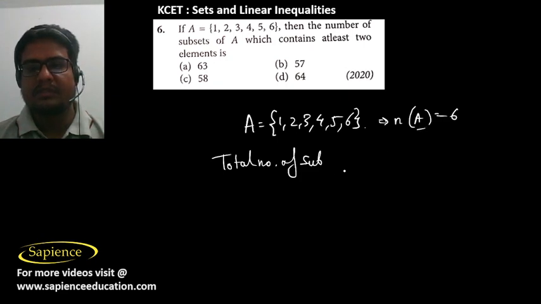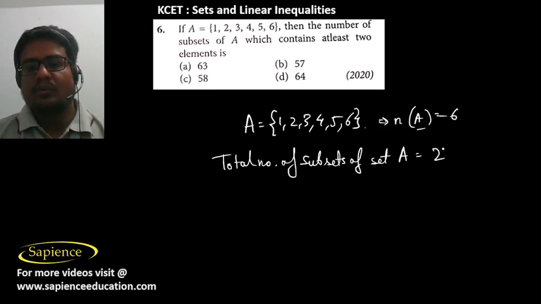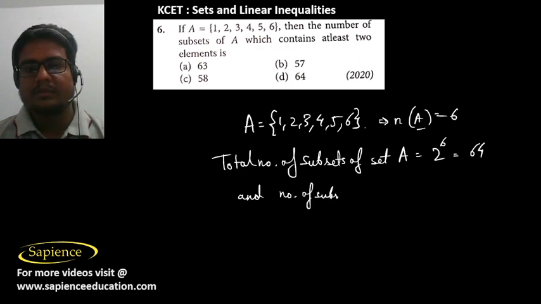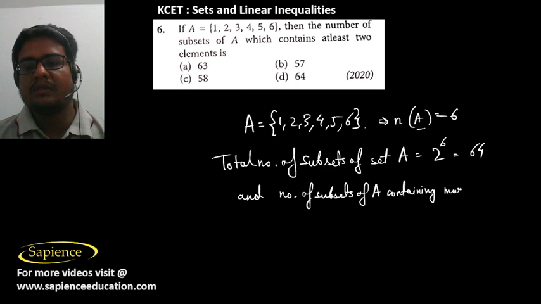The number of elements in A is 6, so therefore the total number of subsets of the set A will be equal to 2 raised to 6, that is equal to 64. And it is told that it contains at least 2 elements. It means we have to find the number of subsets of A containing more than one element.